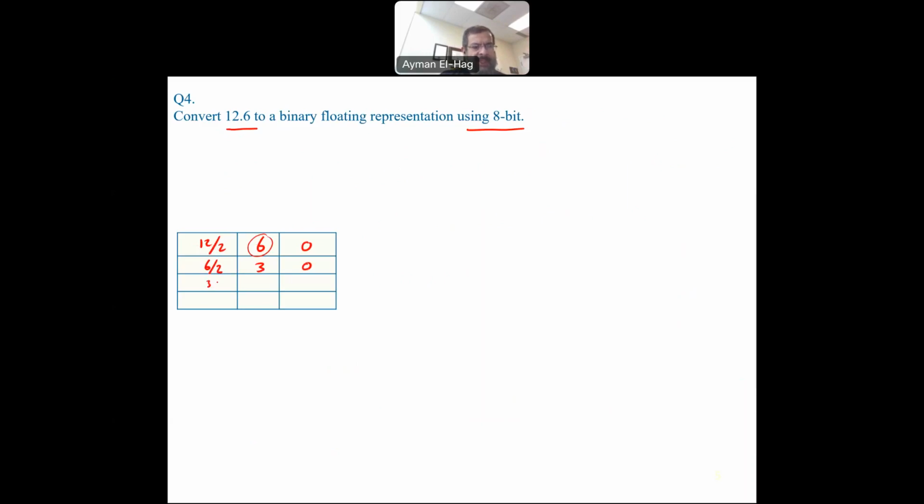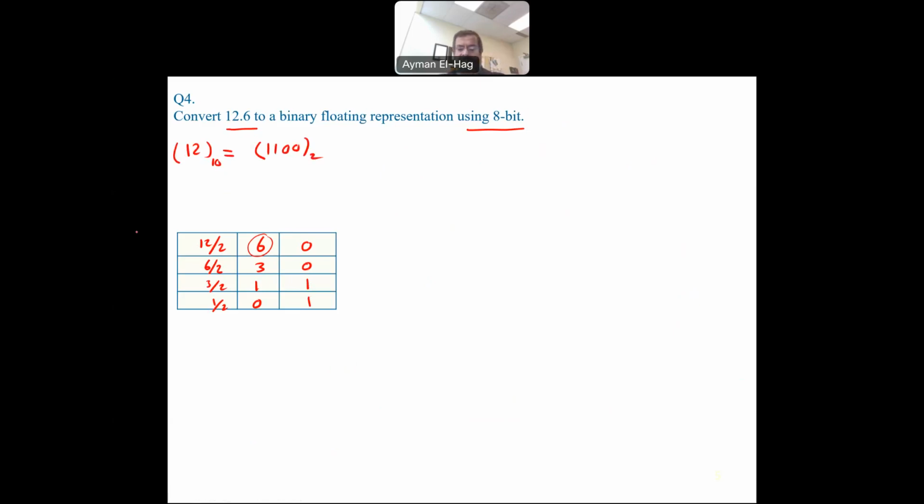Take the 3 divided by 2, it is 1 and remaining 1. Take the 1 divided by 2, this is 0 and remaining 1. Now once you reach the 0, you reach the final number. So the 12 in the decimal system is equal to 1100 in the binary system.